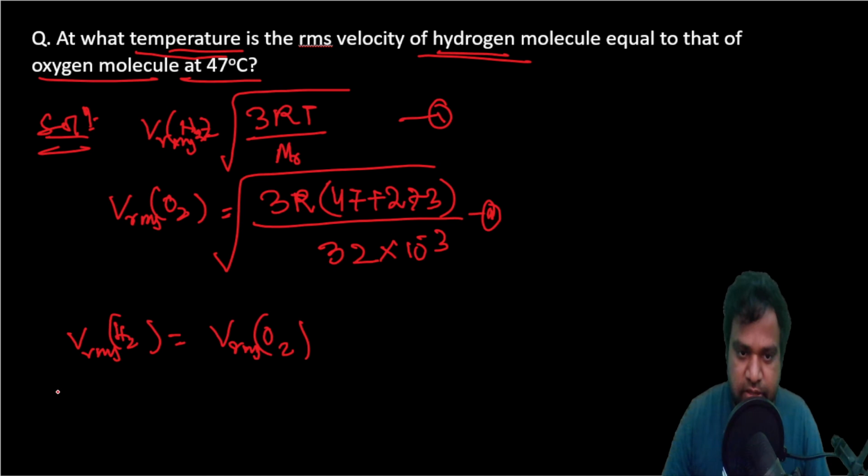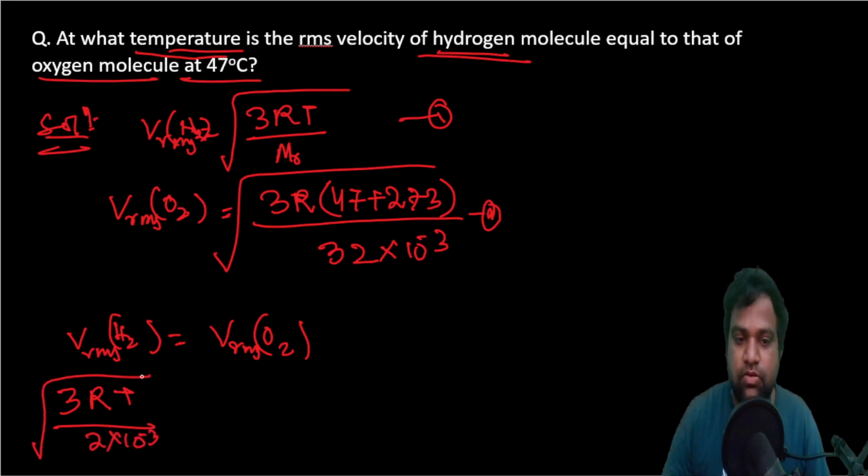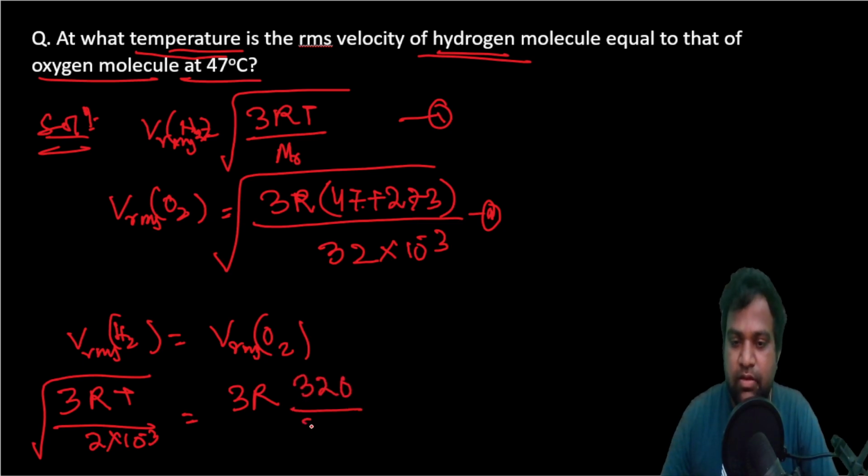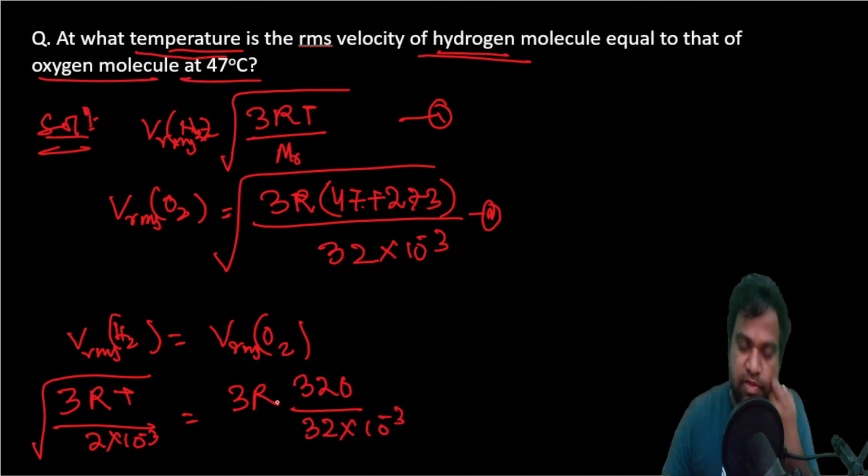So from 1 and 2 we can write root of 3R times the temperature T of hydrogen, and the molecular mass of hydrogen H2 is 2 gram, so 2 into 10 to the power minus 3, equal to root of 3R, 47 plus 273 means 320, divided by 32 into 10 to the power minus 3.